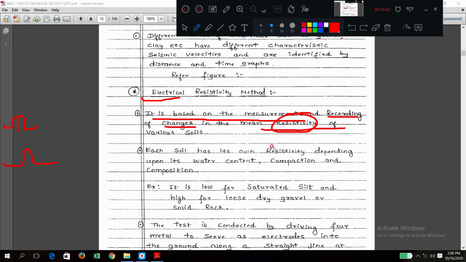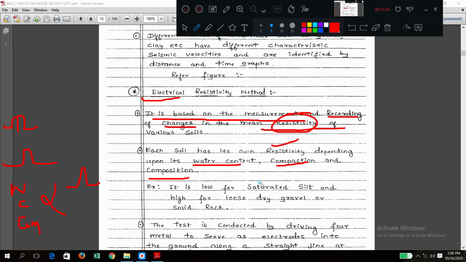Each soil has different resistivity. That is understandable. On what parameters does it depend? It depends upon the water content, compaction, and composition. If water content changes, or compaction value changes, or composition itself changes, all of these things impact its resistivity to the flow of current.